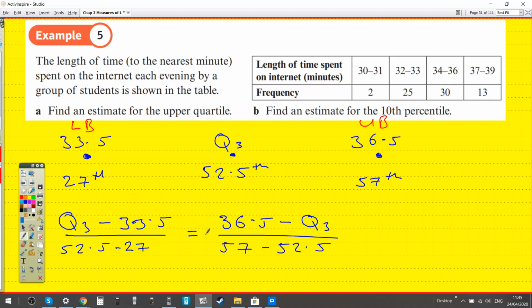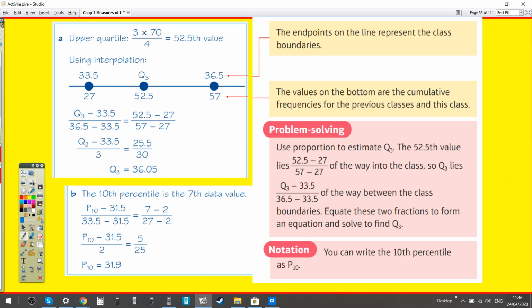These two will be equal, and you can then use your calculator to solve that. Let me just make sure that I've put this in right. They did it slightly differently. Let me just make sure. Q3 minus 33.5, 36.5.